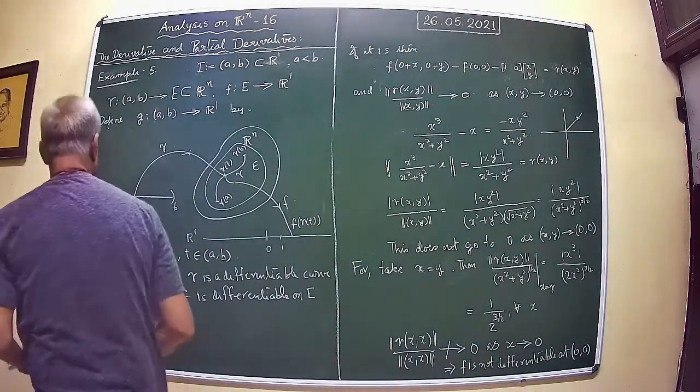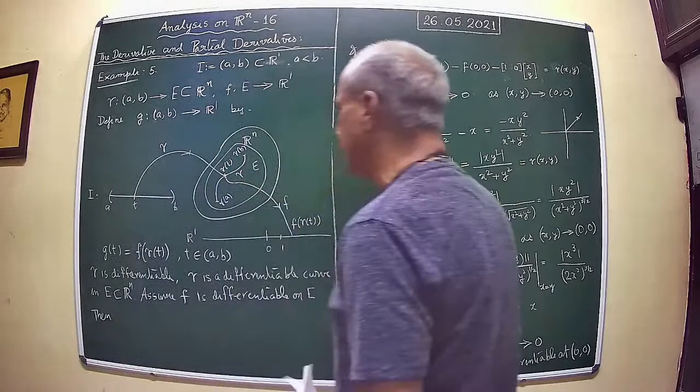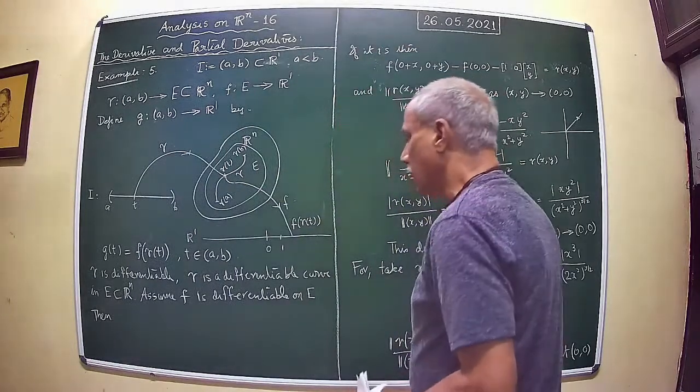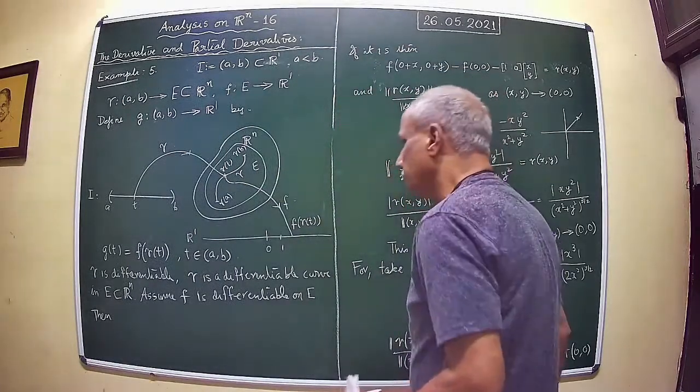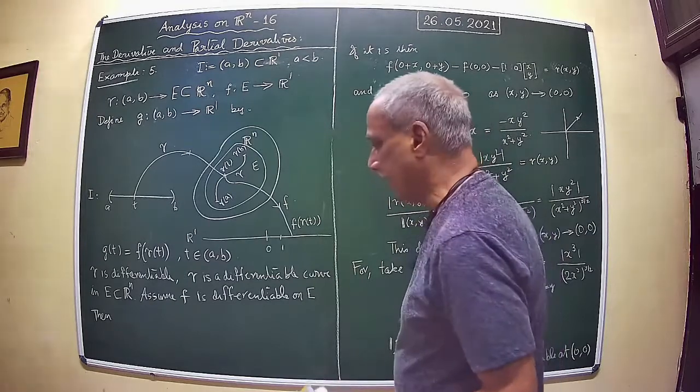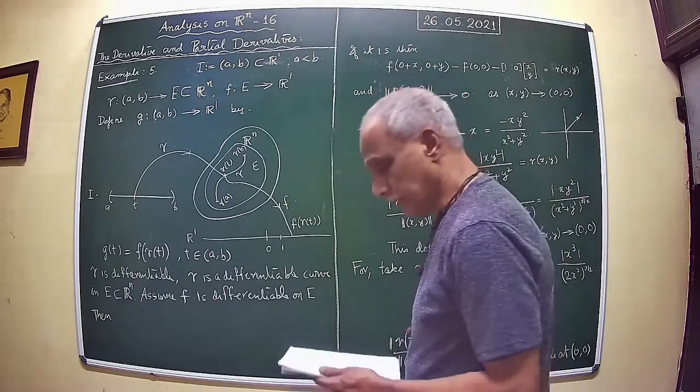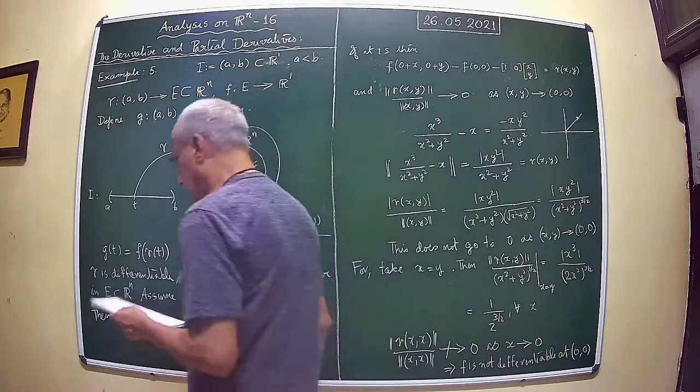Then the function g is the composition of f and gamma, and g is differentiable.